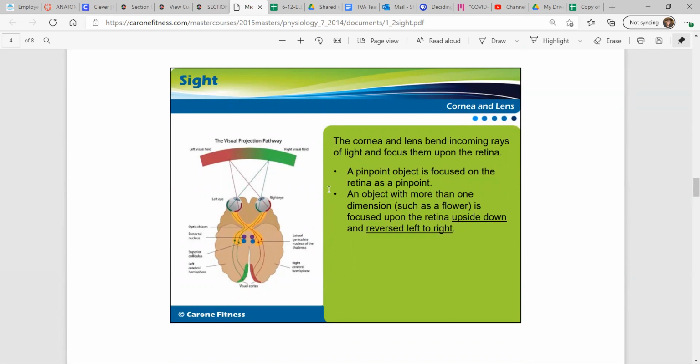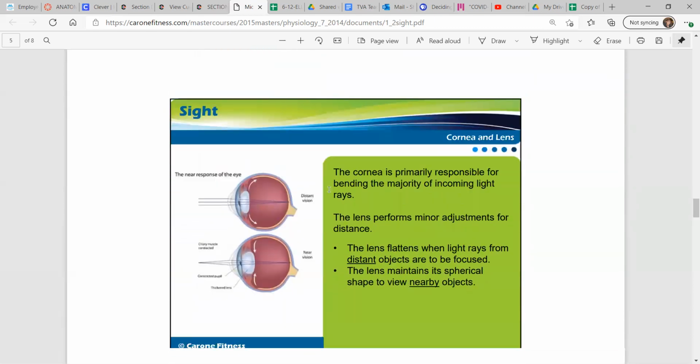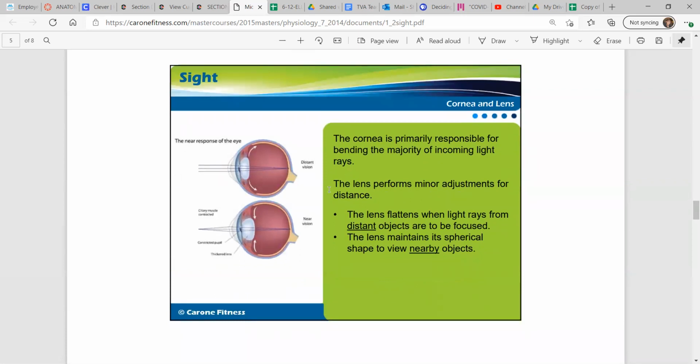An object with more than one dimension, think of a flower, is focused upon the retina upside down and reversed left to right. So everything's topsy-turvy. Everything's kind of backwards. The cornea is primarily responsible for bending the majority of incoming light rays.